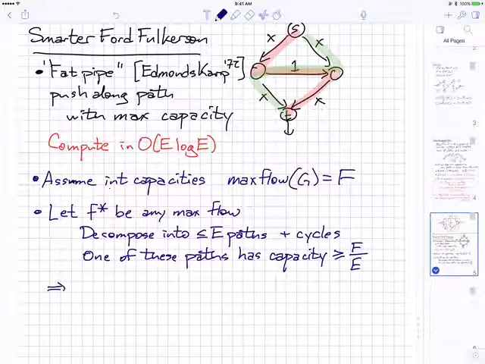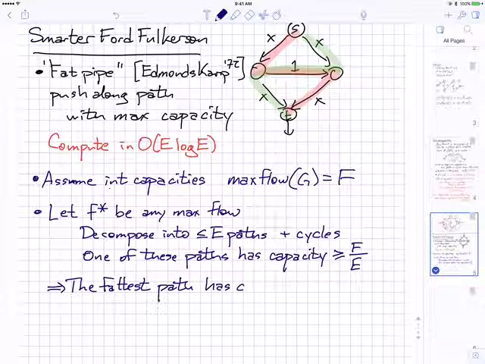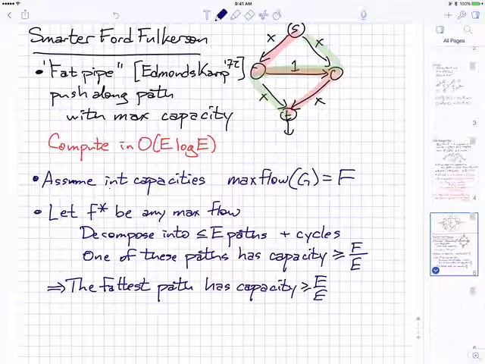But that implies that the fattest path has capacity at least F over E. Whatever path this E log E time algorithm computes has the largest capacity of any path, and in particular, the capacity of the path has to be at least the capacity of the fattest path in my decomposition of whatever max flow I picked out of thin air. Okay? So again, this is F divided by E.